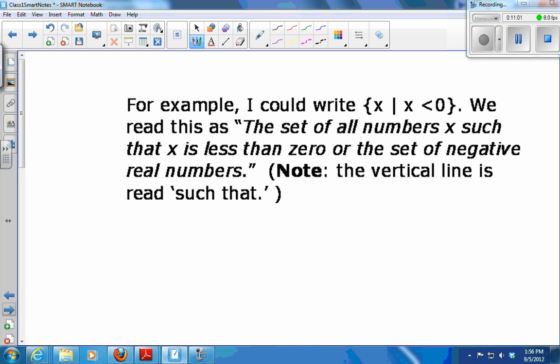So for example, I could write the set of all X's such that X is less than 0. That's how you would read it, the set of all X such that X is less than 0, which you would interpret in your brain as the set of negative numbers.